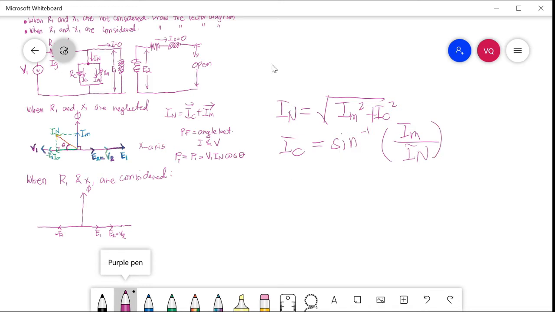You can also solve IM: cosine of adjacent over hypotenuse. What is your adjacent? IC all over IN. So, that's it when R1 and X1 are neglected.